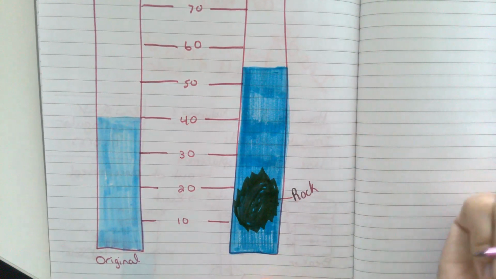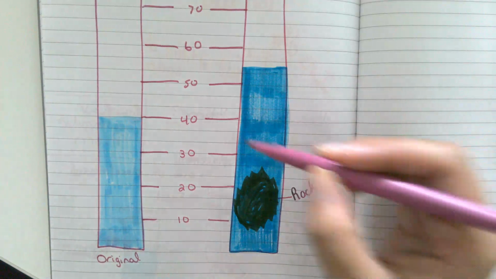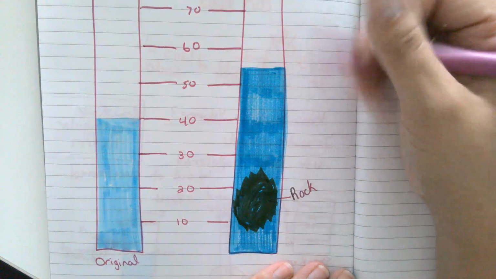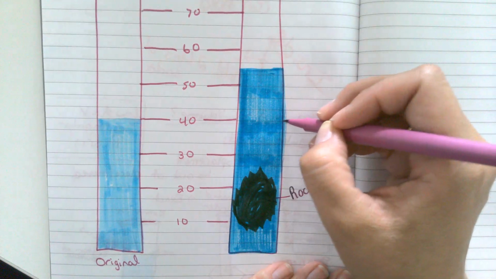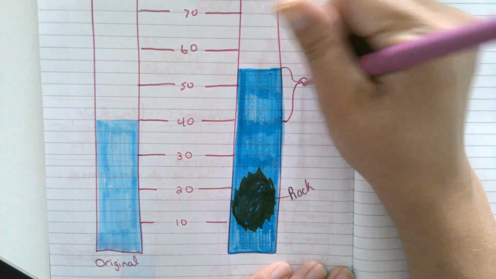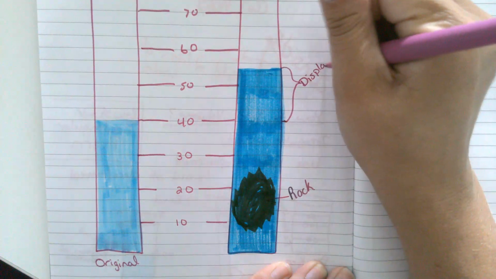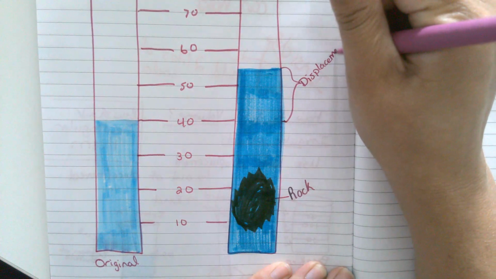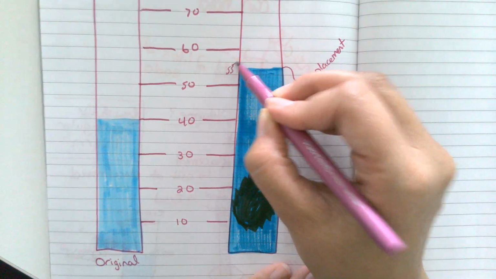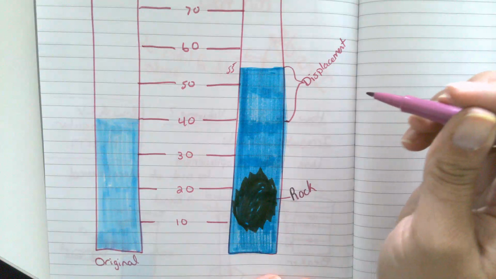There is our rock. How much did the water change? It went up from here to here, right? This is what we call our displacement. Guess what? From 40 to 55, that is how much our water was displaced.